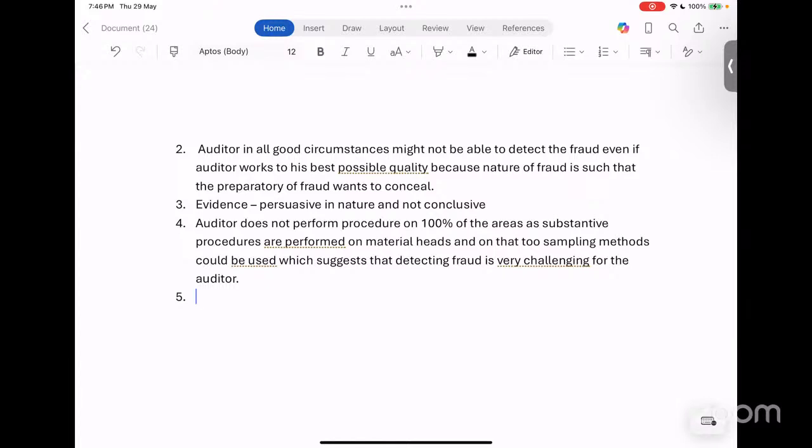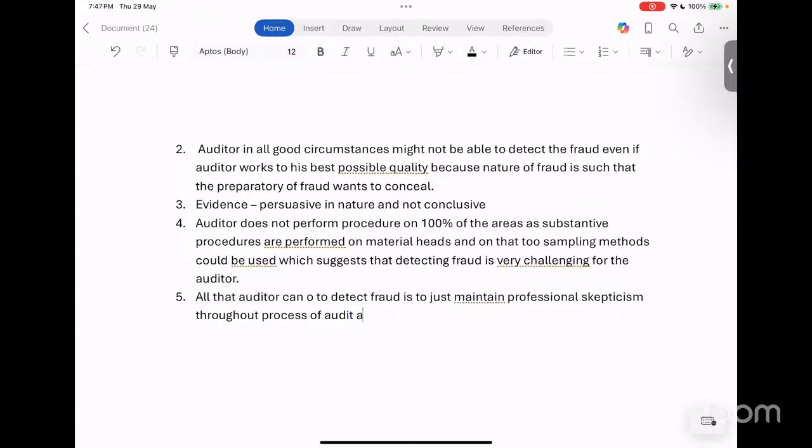Then all that the auditor can do to detect fraud is to just maintain professional skepticism throughout the process of audit. And making inquiries in case there is any contradiction in evidences collected.